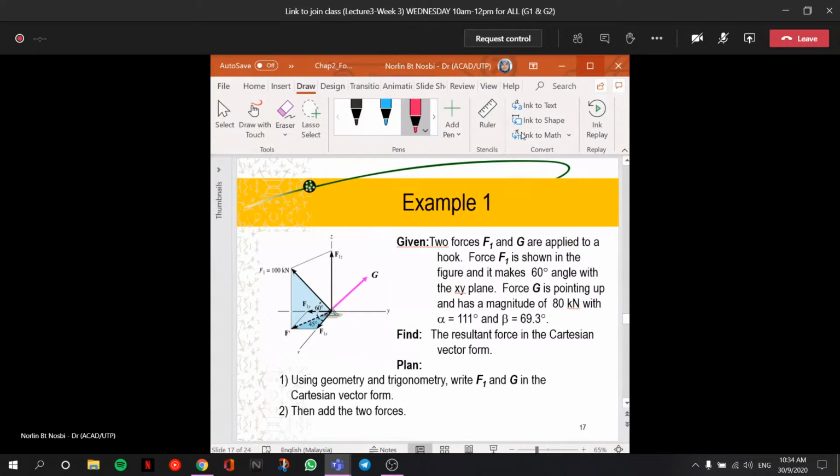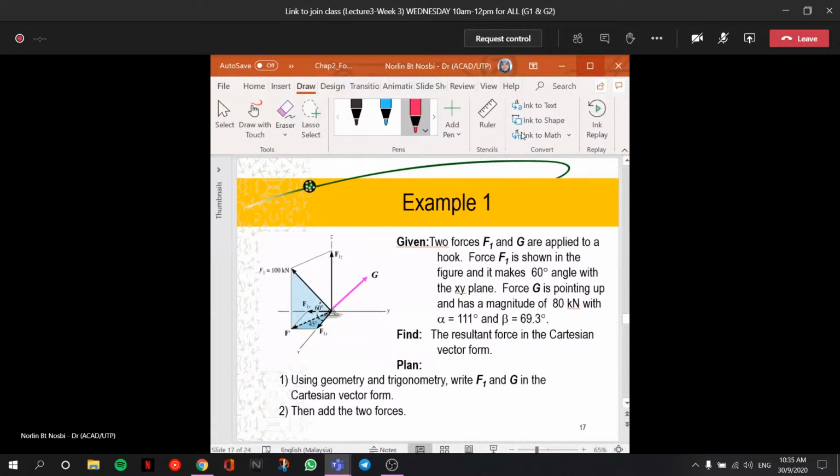Now you need to find the resultant force in the Cartesian vector form. So make sure you transfer all the forces here to the Cartesian vector form, which is i, j, k. So you need to find the coordinates, or the position, first. Then later you can find the resultant force.